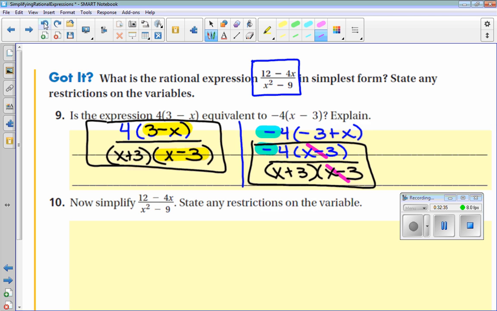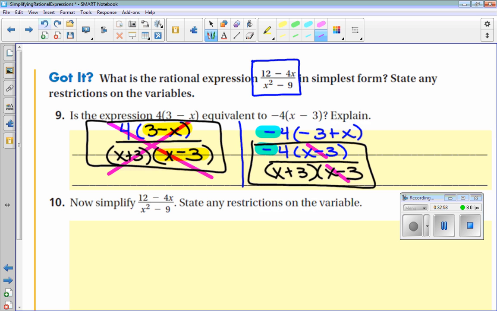This is still correct, but it's not simplified. To correctly simplify, you want the factors to look identical, which means that sometimes you have to take out a negative value. And that's okay. In this case, we're not going to do it the other way.